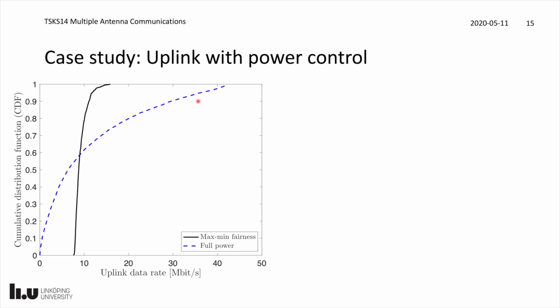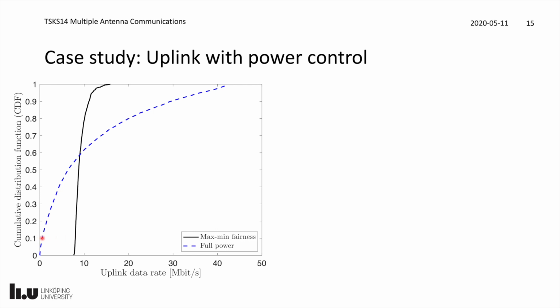And we can see some interesting things here. What maximum fairness is making sure is that the users that have the weakest conditions are getting better performance. And if we look down here, we see that that makes a huge difference. So if we are, for example, looking at what is guaranteed to 90% of the users, well, that is the numbers that are above here.